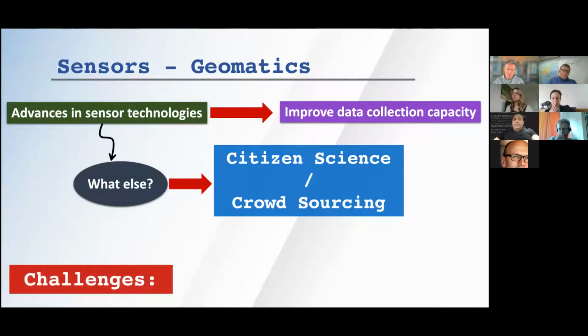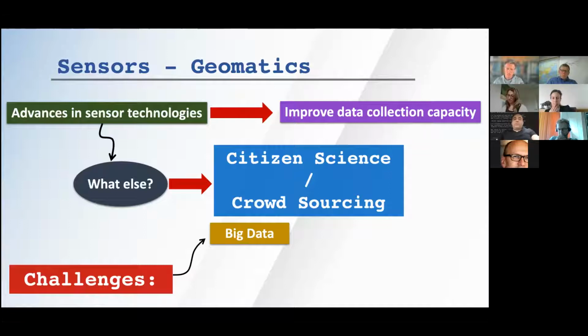But the challenges that we have here, specifically for geomatics or geospatial science, is that given these diverse types of sensors and a lot of data resources available, we are dealing with big data, because it's not only the improvement in the precision or spatial resolution, but also improvement temporally.